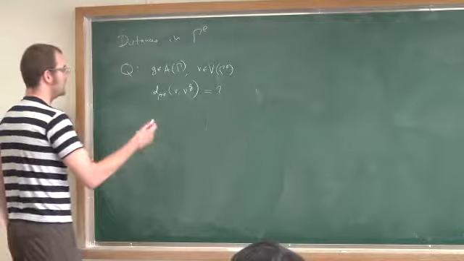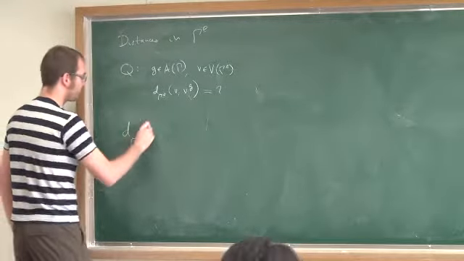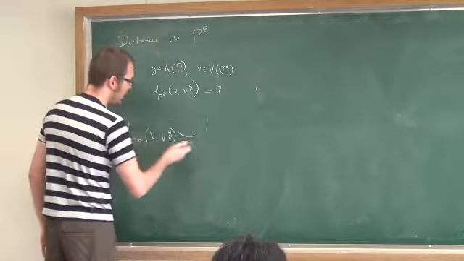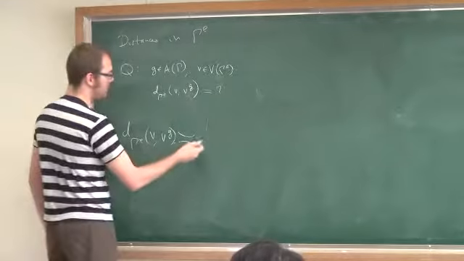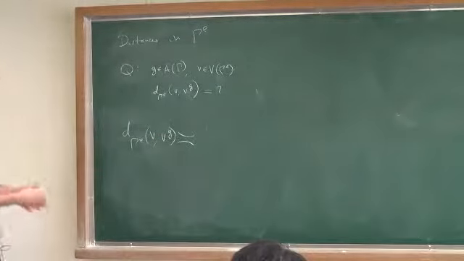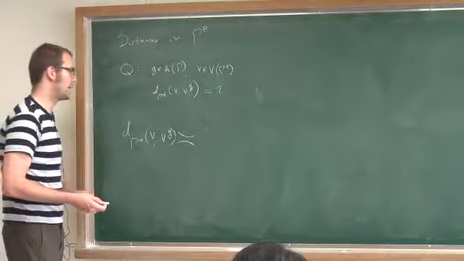So it turns out that this distance is asymptotically equal to something, where what I mean by this symbol is that there is some fixed multiplicative and additive error, which depends only on gamma.